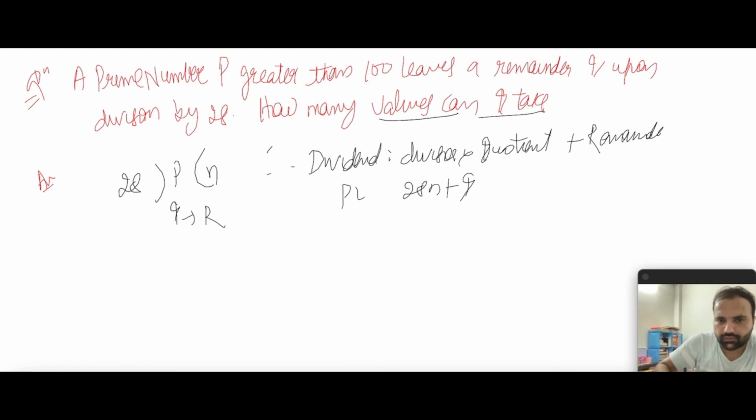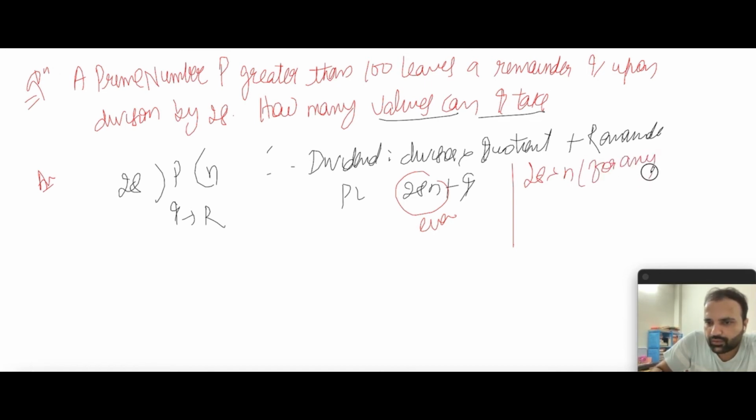Okay, so let's start. Now, before we start looking for Q, we also know that this portion is even. How do we know that? Because 28 into N, for any value of N, 28N is even. So that's for sure.